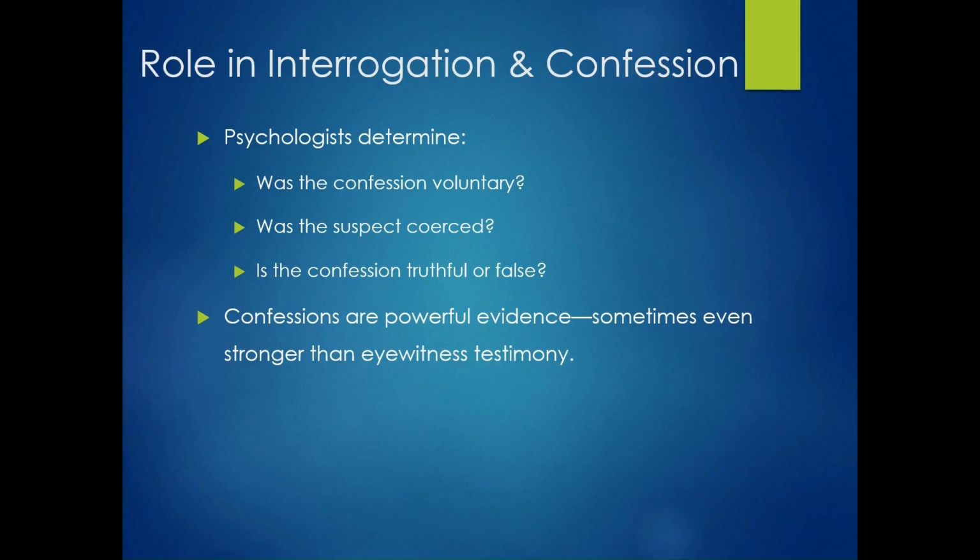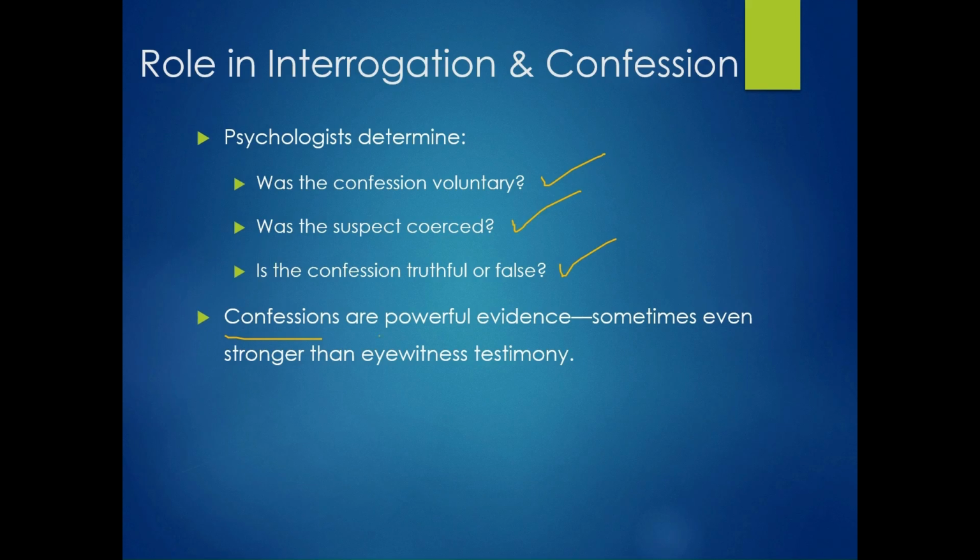So here the psychologist must determine, was the confession voluntary? Was the suspect forced or coerced? Is the confession truthful or false? So we know that confession means someone coming out and saying that yes, I did it, or I saw this, right?